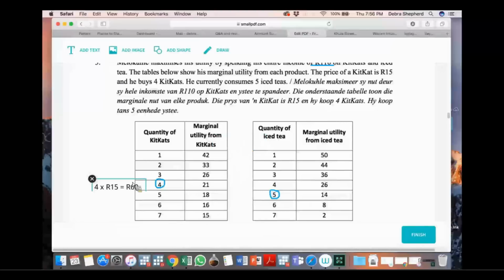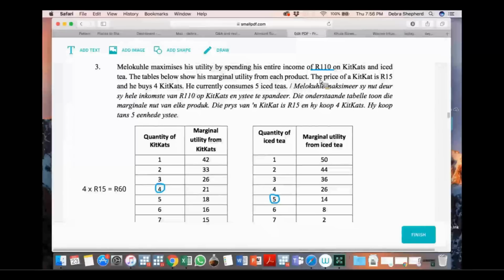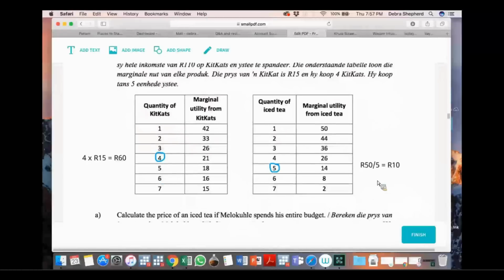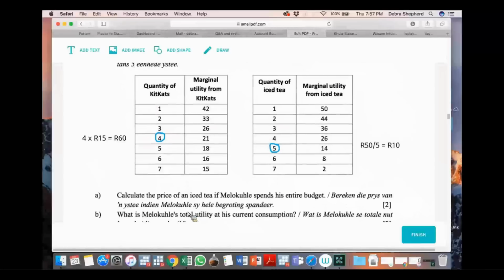If he has a total of 110 Rand to spend, then it means he has 50 Rand left over for iced tea. So if he has 50 Rand left over to spend on 5 iced teas, it means that each iced tea is 10 Rand. So the answer to question A is 10 Rand.